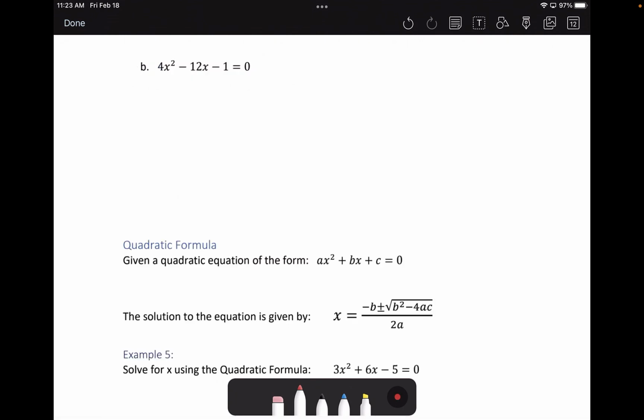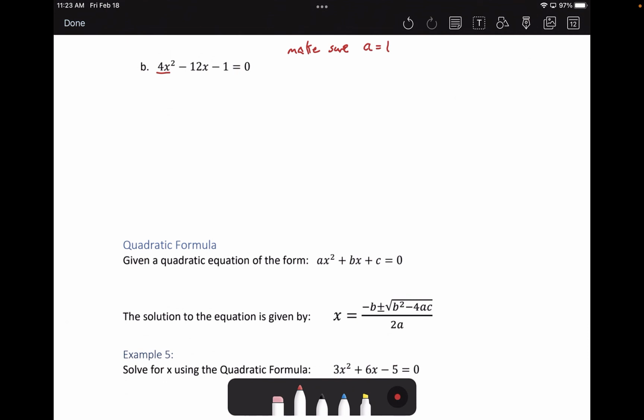In this next example, we want to complete the square again. In order to use completing the square, we need to first make sure a is 1. In this case, a is 4. So we need to remove that 4.